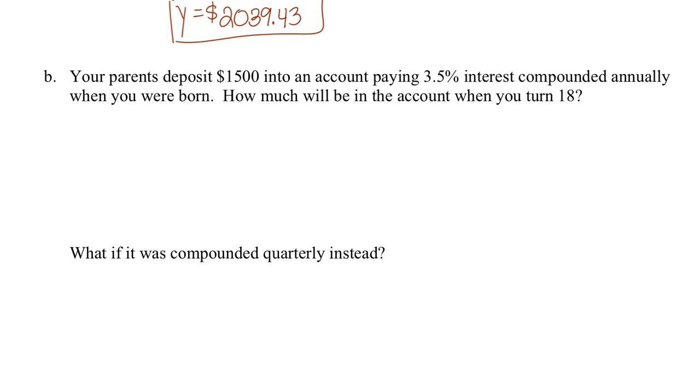All right. Your parents deposit $1,500 into an account paying 3.5% interest compounded annually when you were born. How much will be in the account when you turn 18? So in this case, we are working with compound interest. So we need the compound interest equation.